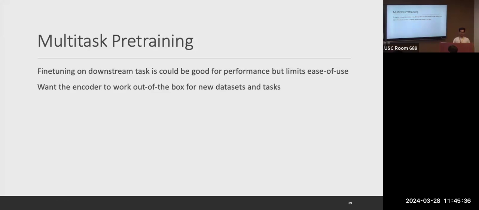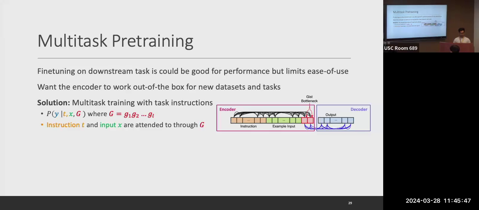The thing I described earlier requires training for each individual task, which is not very ideal. So we also explored multitask pre-training, where the encoder receives the instruction as well as the example input, and then the same gist tokens, the decoder can only attend to the gist tokens.